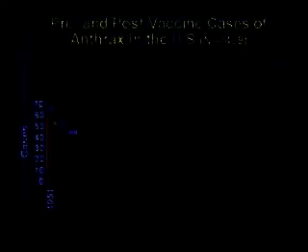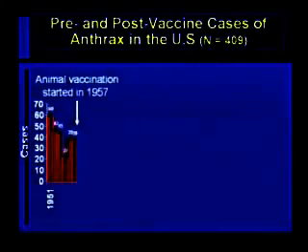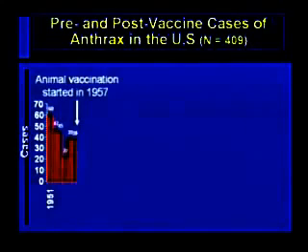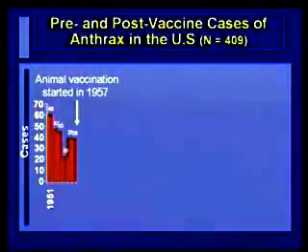Until the 50s, it was quite common infection, people handling animals that were infected. There was a vaccine that was introduced, an animal vaccine, and domestic animals and dairy animals started being vaccinated.